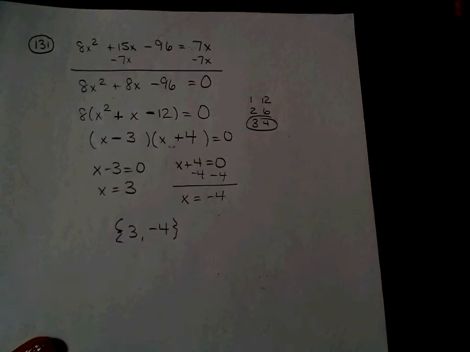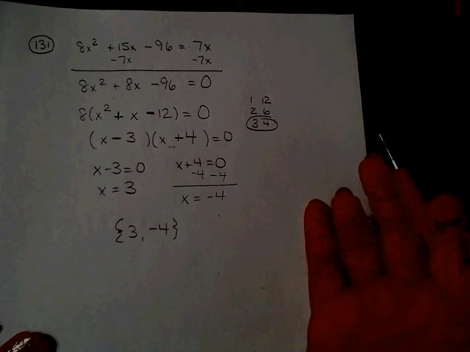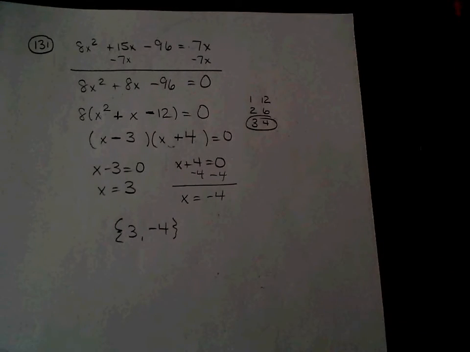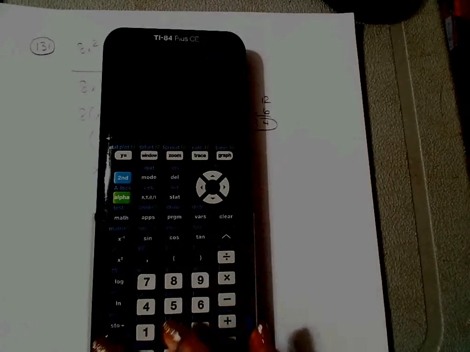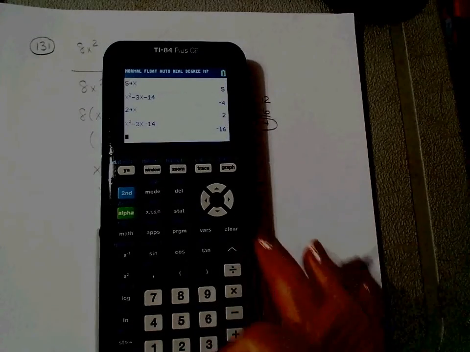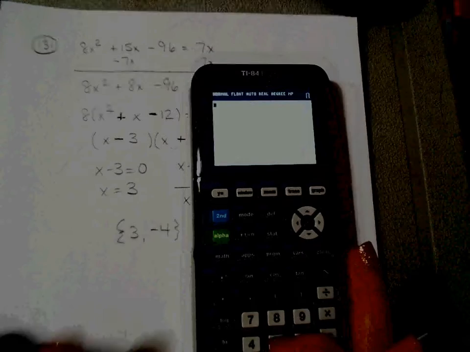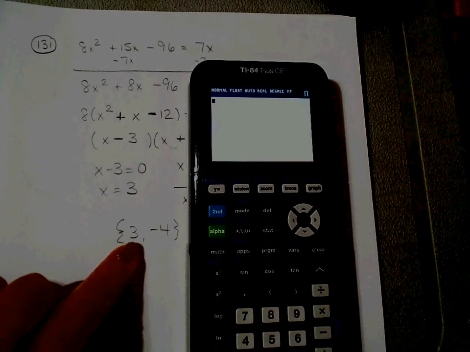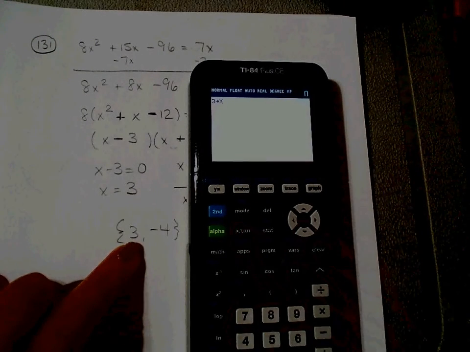And then we could check our work by plugging it back in to this equation or using the calculator. Okay, so let's use the calculator one more time so that you can see that. So I start with my 3. 3 store as x.